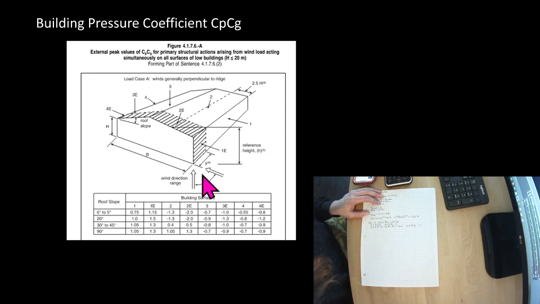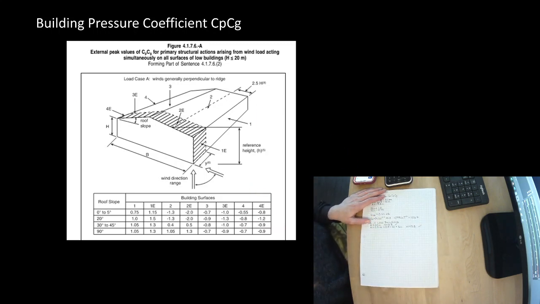So 1 is 0.75, 1E is 1.15, 4 and 4E are both negative, which means they actually go in the opposite direction of what the arrows show. So the entire building is trying to move in the same direction. And we have 0.55 and 0.8.